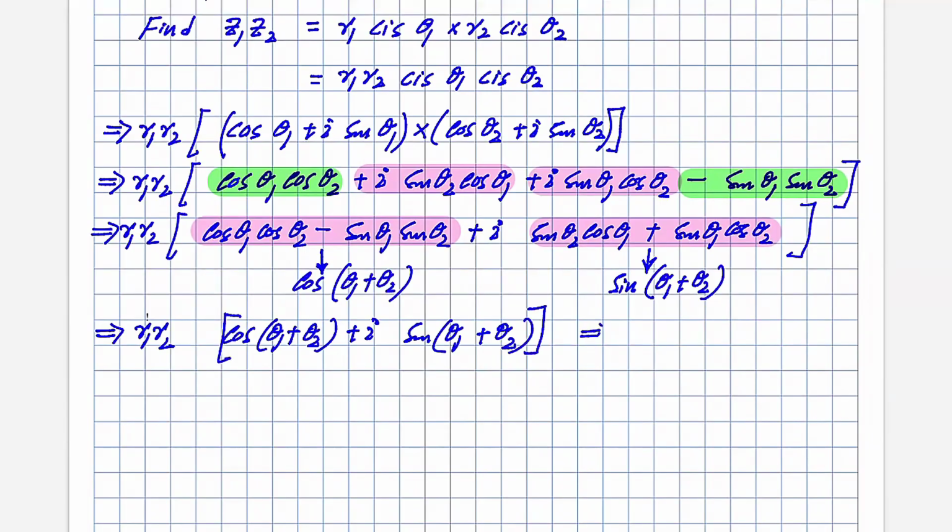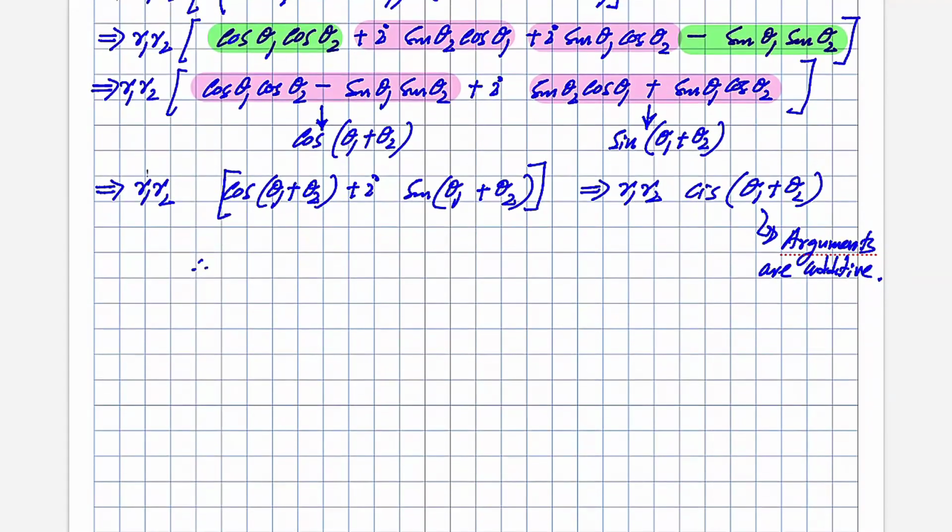So this you can write R1, R2 cis theta 1 plus theta 2. We call it arguments are additive. Arguments are additive.